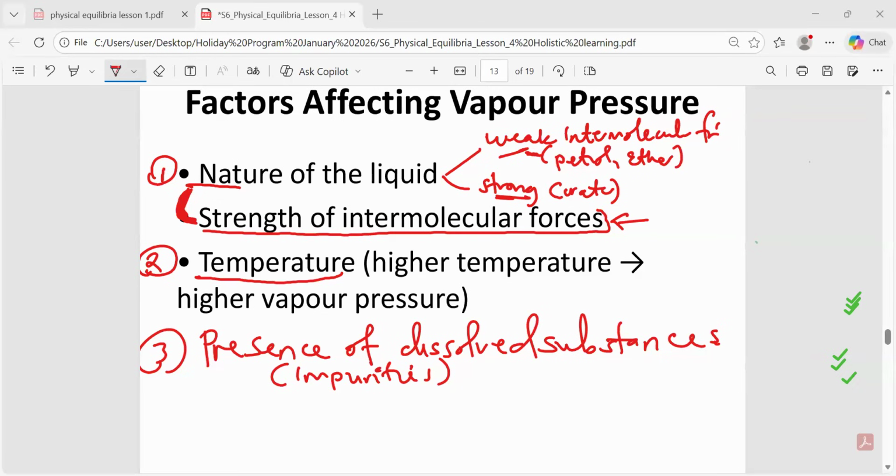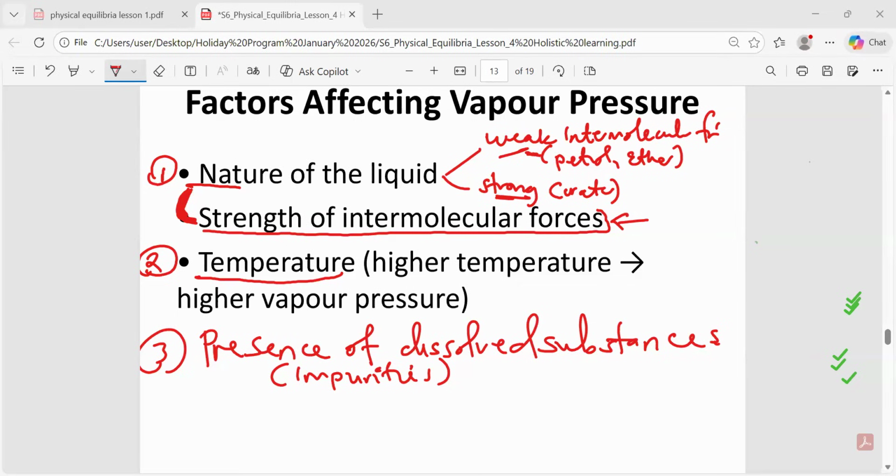So the variation in the intermolecular forces introduced by the impurities, and the variation in the liquidity of the solution after having these substances in, can bring variation in vapor pressure.